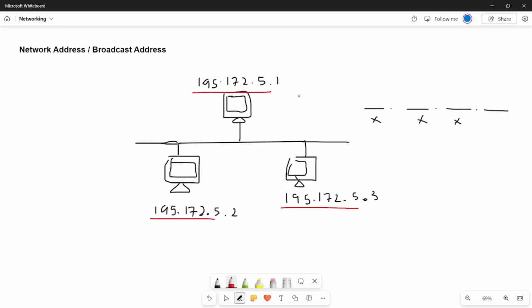Only the host ID part differs, and keep in mind there cannot be two terminals with the same IP address in the same network. In different networks it can happen, but in the same network we cannot have terminals with the same IP address.